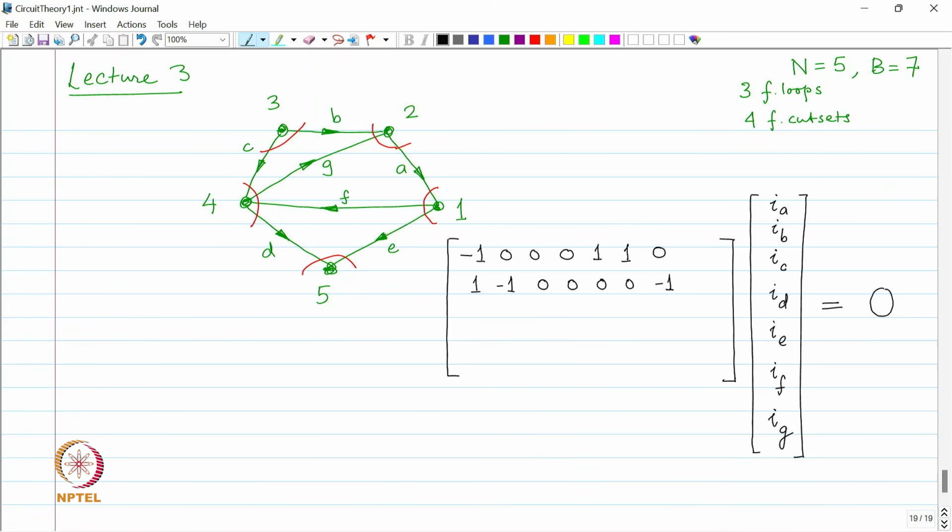Then I go to node number 3. At node number 3 I have, somebody tell me, I B plus I C is equal to 0. So, I B plus I C is equal to 0.